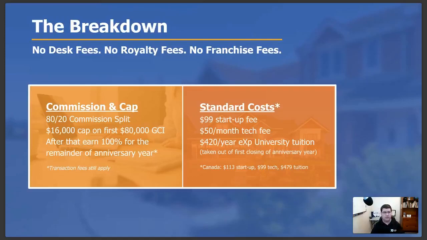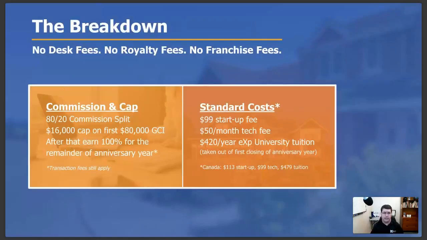That's the first thing. The second thing is team members have to pay splits. What I have here on the screen, on the left-hand side, the commissions and the cap are for individual agents.